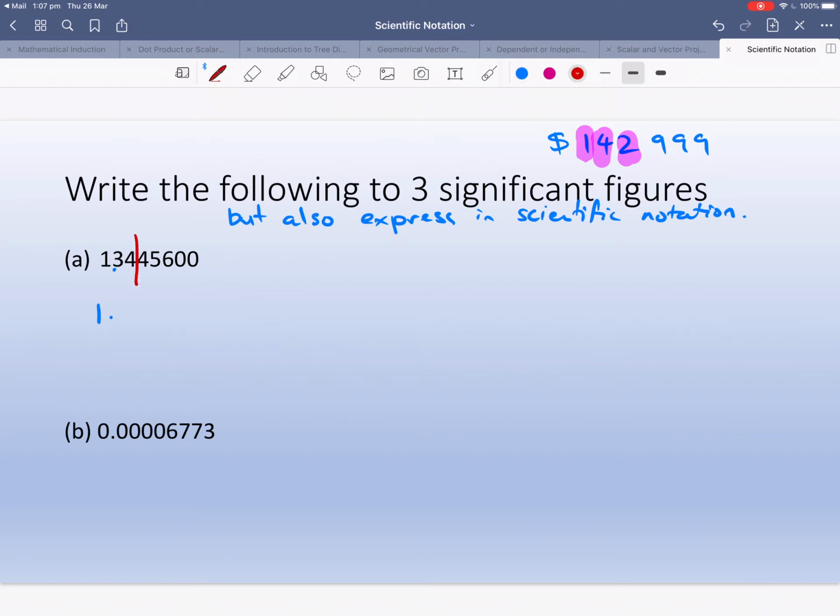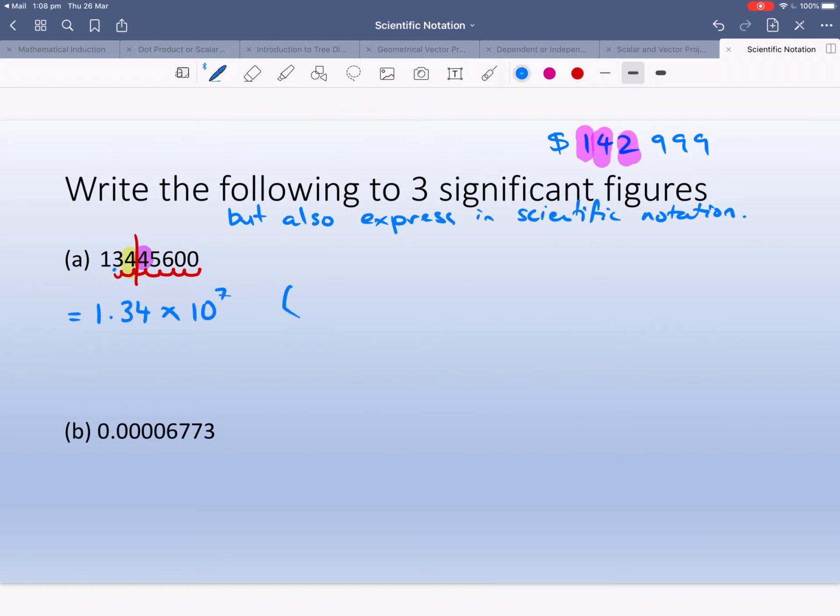Now, to round, I look at the number after the cutoff and ask, is it 5 or higher? In this case it's no, so this number, which happens to be 4, stays the same. So 1.34 times 10, because that's the start of scientific notation, and then I count from the decimal point: 1, 2, 3, 4, 5, 6, 7. So it's 10 to the power of 7.